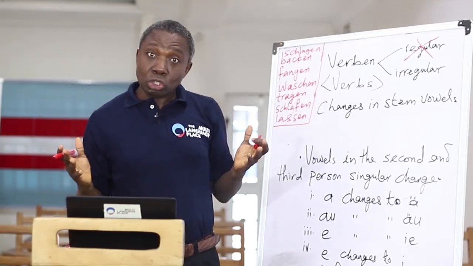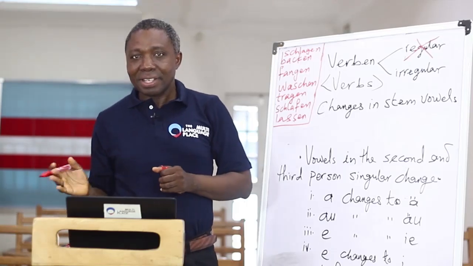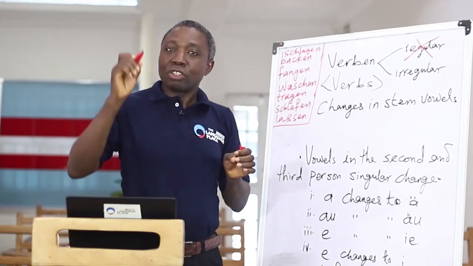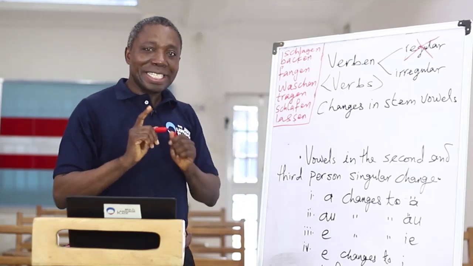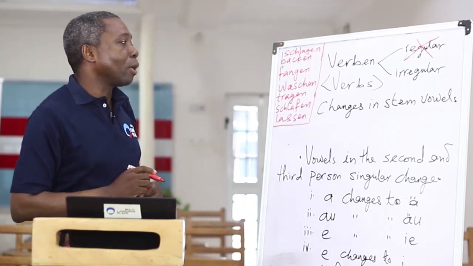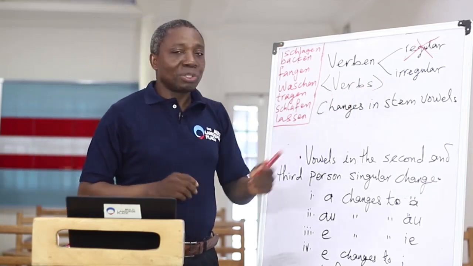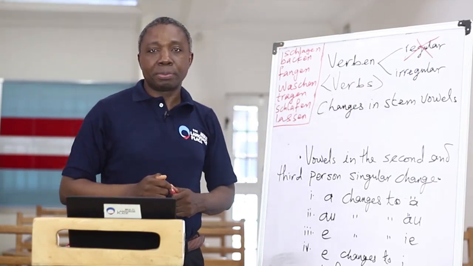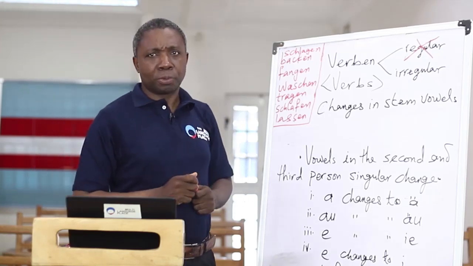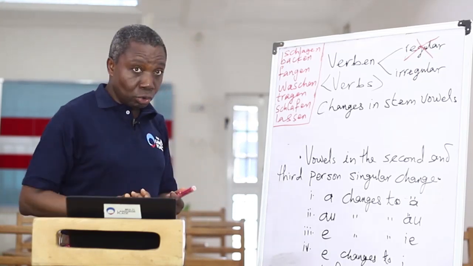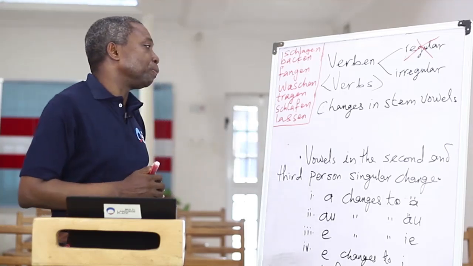When you want to conjugate a verb, you take away the ending, and then you have the stem, and then you hang the endings onto the stem depending on the personal pronoun. However, when we talk about irregular verbs, we are talking about verbs that are not regular in their conjugation. When it comes to their conjugation, there are things that are not regular. That's what we want to explain now.